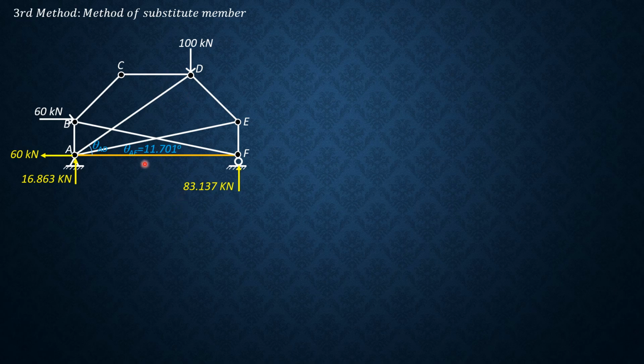Then, because this is the substitute member, this does not exist, the final bar force of this member should be zero because this doesn't exist. So in other words, the force in member AF in the first phase plus the force of member AF in terms of CF in the second phase must be equal to zero.